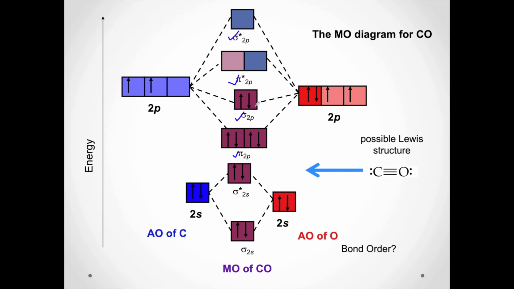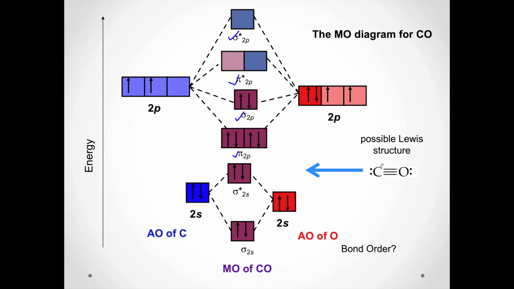As you can see from the molecular orbital here, this CO is actually a diamagnetic compound because we have paired electrons.